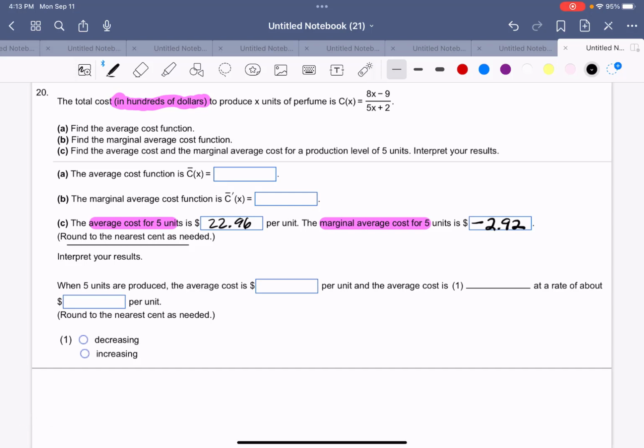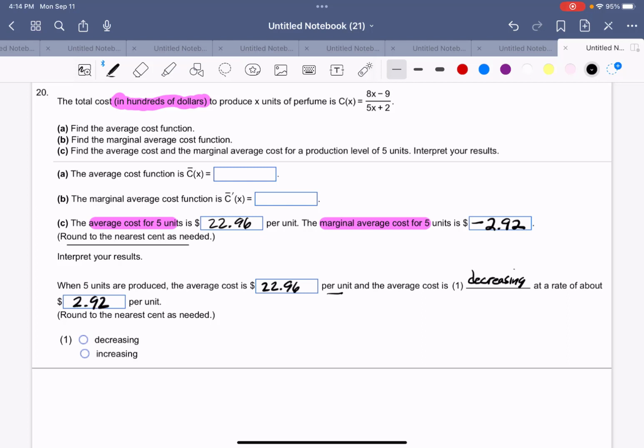So here's our interpretation. When 5 units are produced, the average cost is $22.96 per unit, and the average cost is decreasing at a rate of about $2.92.